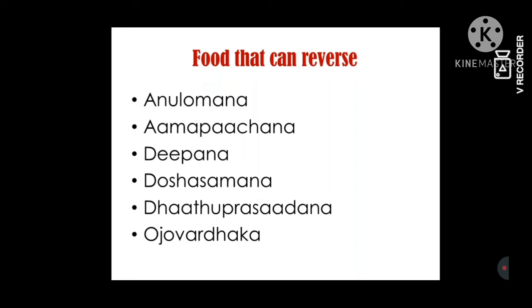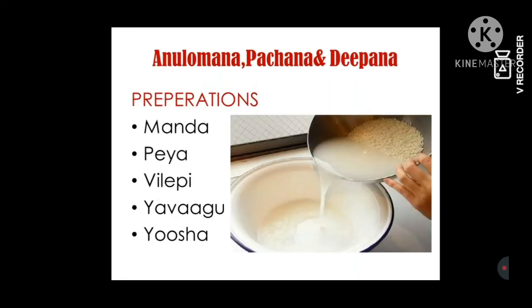So you see, while a patient requires anulomana or amabhajana, we will prescribe certain medicines for anulomana and amabhajana. At the same time, we should prescribe food preparations that can do anulomana, amabhajana, and deepana.